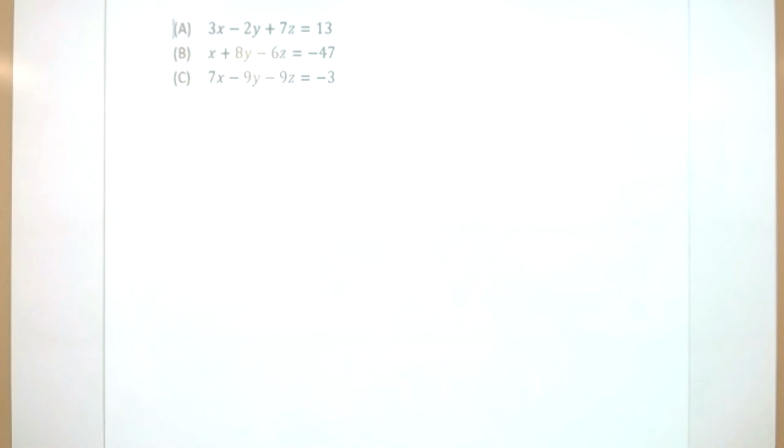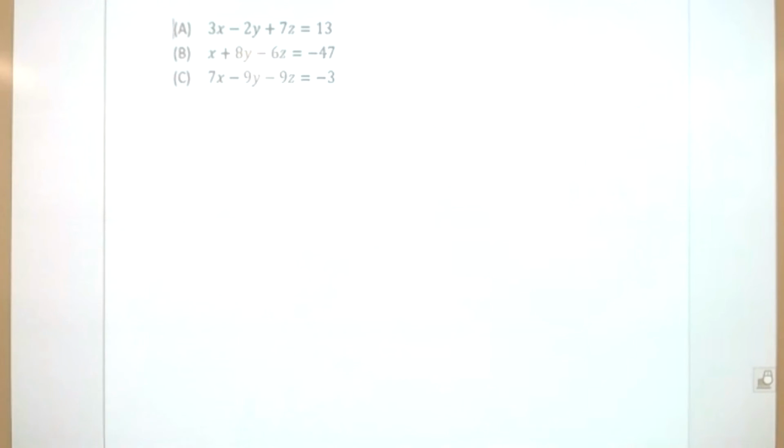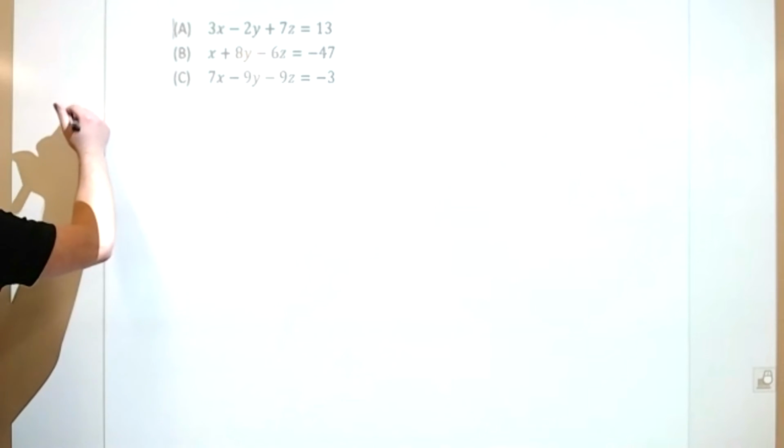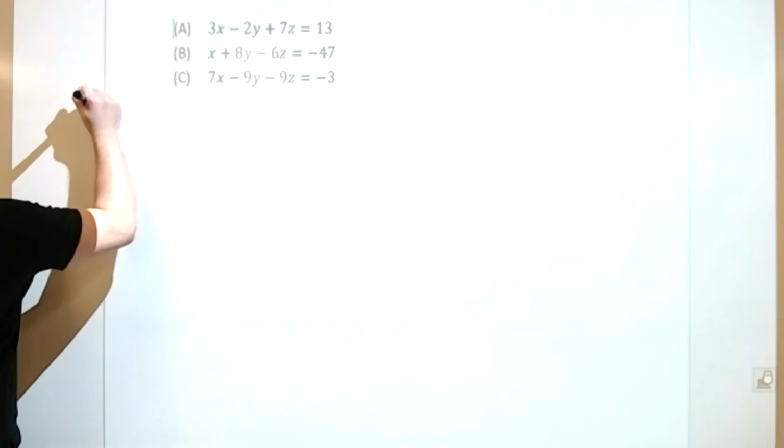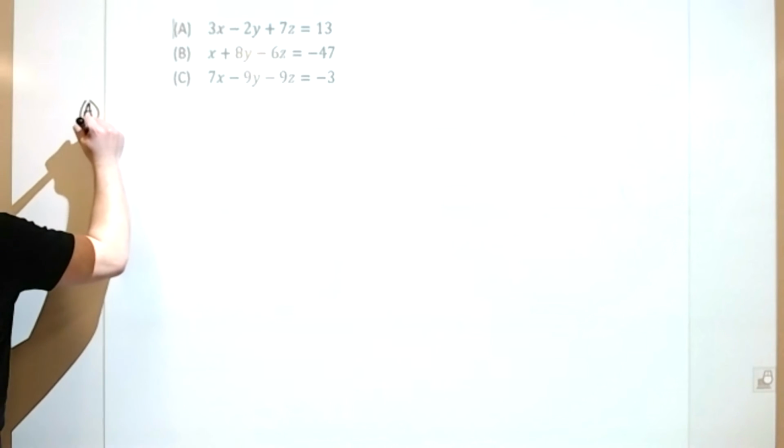So I'm going to use equations A and B, only I'm going to multiply equation B by 3 to match this 3. So I'm going to start over here, A is exactly as it is, and then I'm going to do 3B.